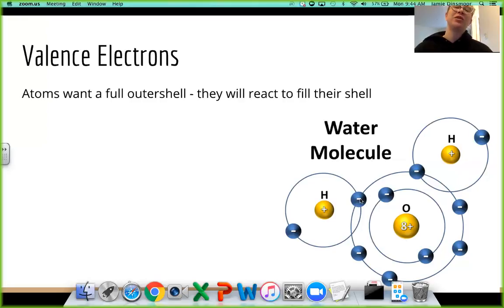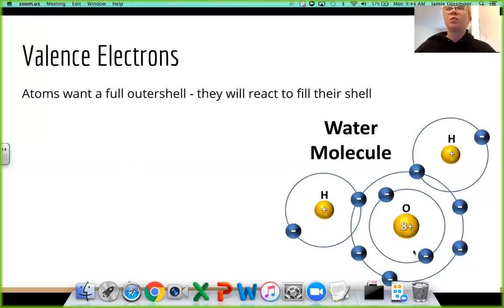Actually, this is a terrible example for me to show you because they share the electrons, so it's not going to be beautiful. But basically what's happening is oxygen is sharing its electron with hydrogen. And by sharing, I mean it's doing a poor job at sharing. It's not really sharing. It's trying to share, but it's not.